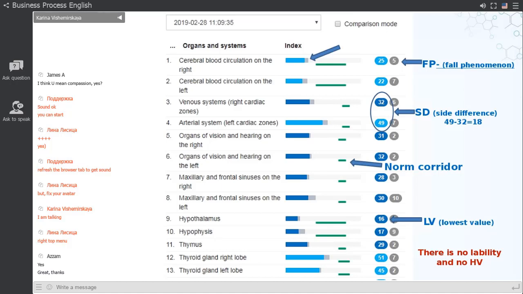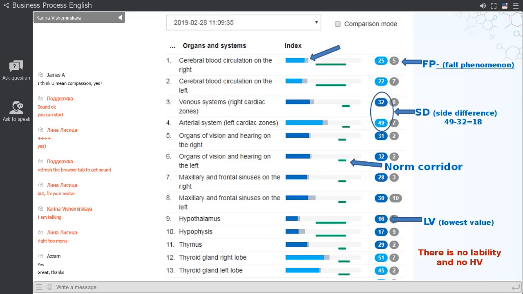Then lowest value is also presented here. Among all the numbers, we can see that the smallest number is 16. This is the lowest value, and we need to pay special attention to this organ, hypothalamus. The highest value is not presented here because everything we can see is blue. Why do we only have 13 organs and systems?